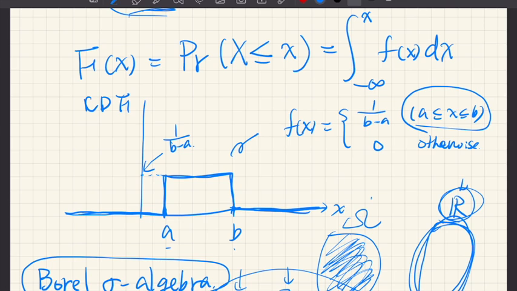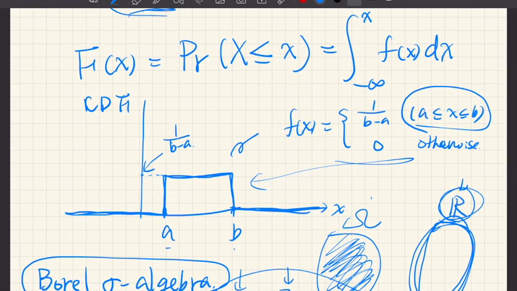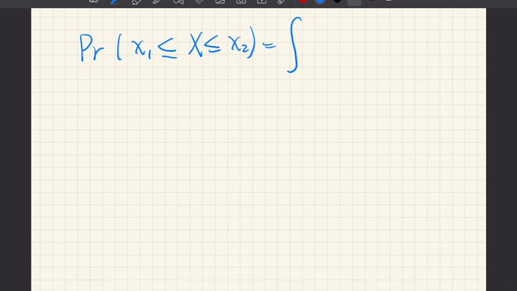Okay, so here's an example of a density function. And so the probability, in this case, if we want to calculate the probability that the random variable is between x1 and x2, we just integrate the density function.